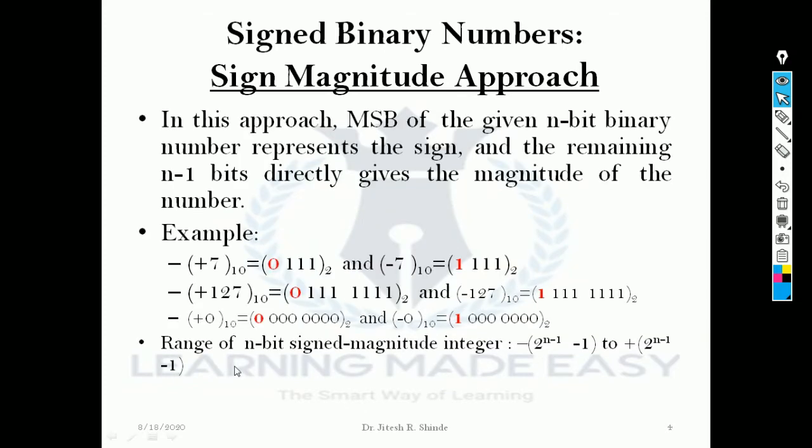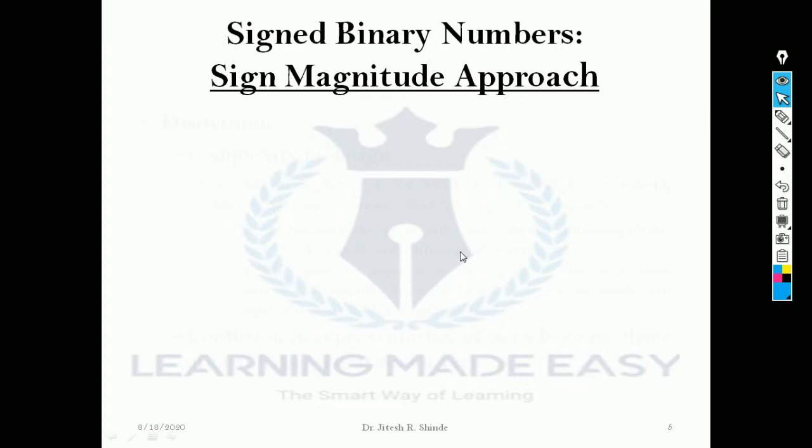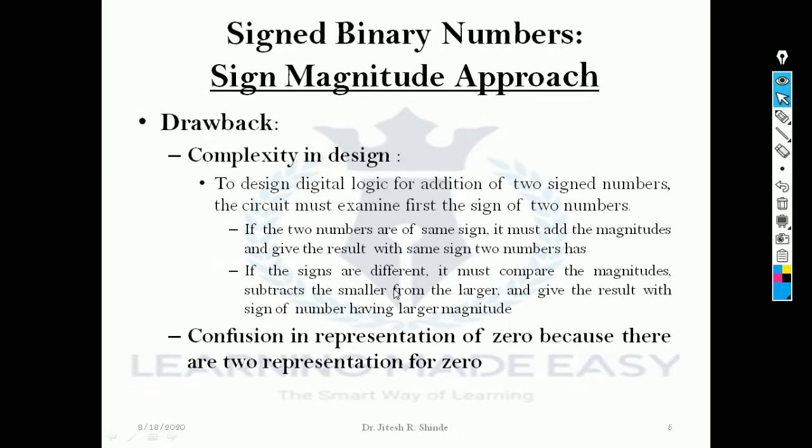The previous slide example also illustrates that: plus 0 is represented in this way, minus 0 in this way. First drawback, complexity: if the two numbers have different signs, then complexity in the hardware will arise, as well as maybe in the algorithm.